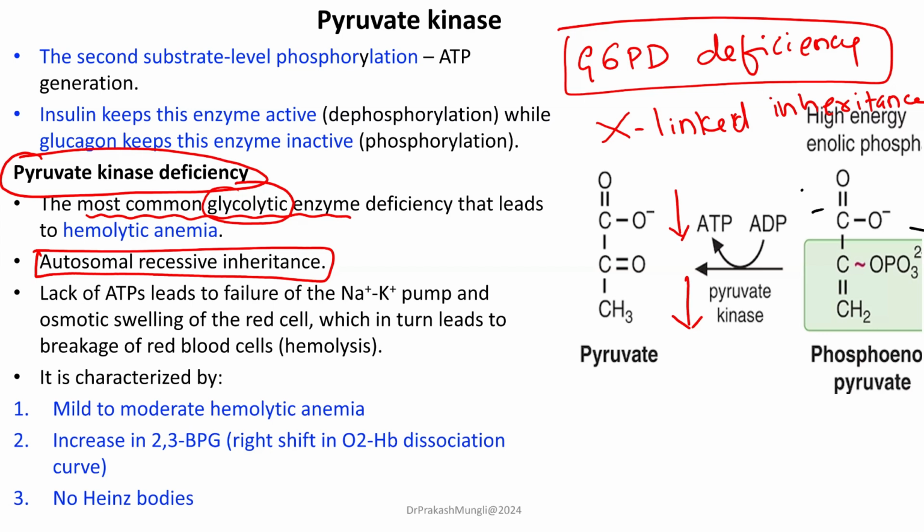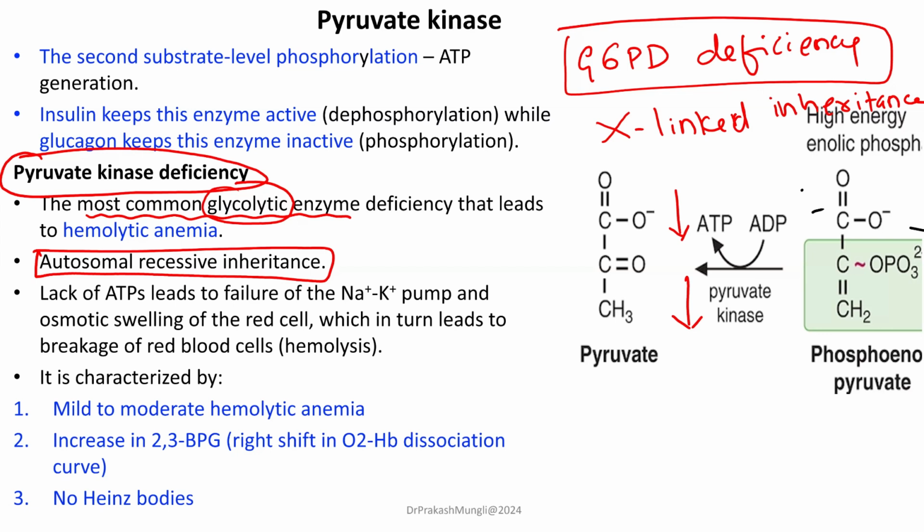Be with pyruvate kinase. And also you'll see a right shift in the oxygen dissociation curve, because 2,3-BPG is increased in pyruvate kinase deficiency. And one more thing, in pyruvate kinase deficiency, you do not see something called hinge bodies. No hinge bodies. Why have I written something which is a negative sign?